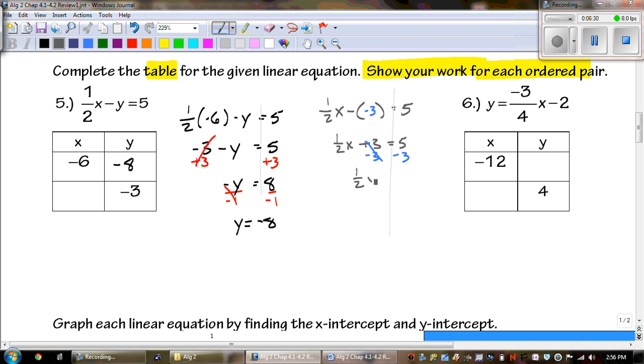And I get 1/2 x equals 5 minus 3, which is 2. Now we don't divide by a fraction, so I have to multiply by the reciprocal. 2 over 1 is the same thing as 2. So 2 times 2 is 4. So then we get 4, negative 3.